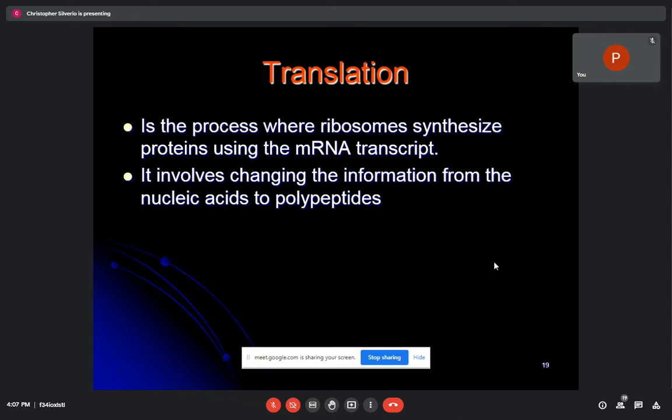As you can see, the messenger RNA strand or transcript is made up of nucleic acids or nucleotides. And these nucleotides are the ones that are translated into protein, into polypeptides.